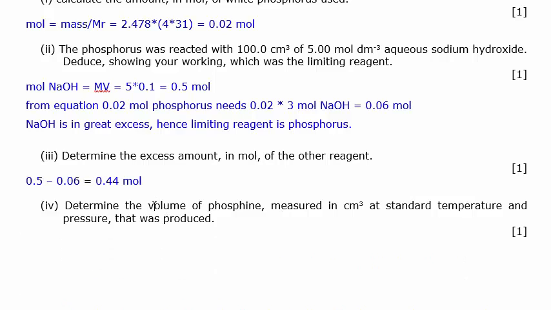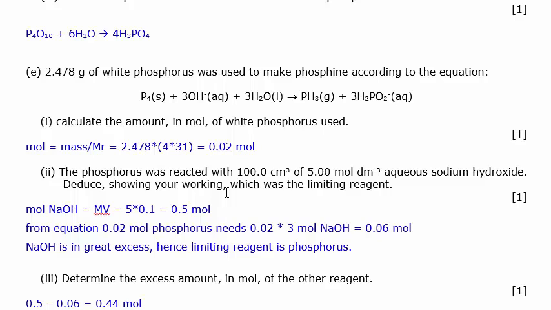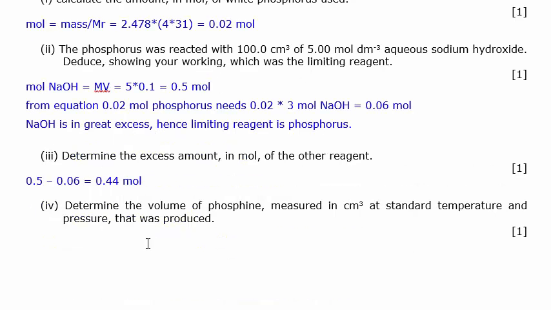Now we have to determine the volume of phosphine at standard temperature and pressure that was produced. So what we need to know is to go back to our equation. There's 1 mole of phosphine produced for every mole of P4, the limiting reagent. So here we can say moles of phosphorus equals moles of phosphine. So we know how many moles of phosphorus we've got, 0.02.